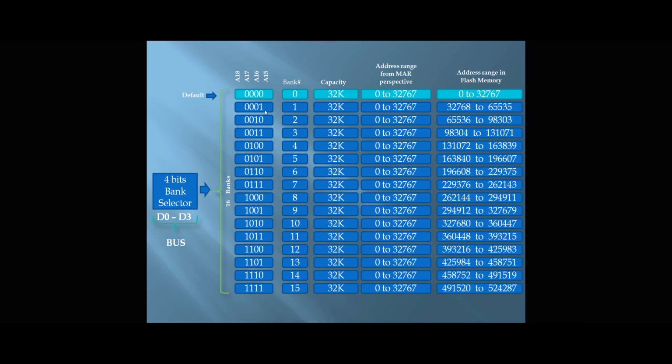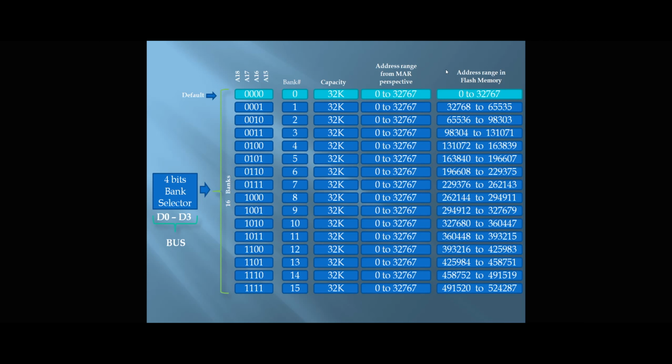Now imagine that we want to output 1 from our bank selector. If you output 1, then the A15 line here will be set to 1, right? This is a 4-bit number that we are outputting from the register. Therefore, the A15 address line will be set to 1. Since we are addressing a higher memory space using this line, we have access to another 32K space, which from the memory address register's perspective still counts as a memory space from 0 all the way up to 32,767.